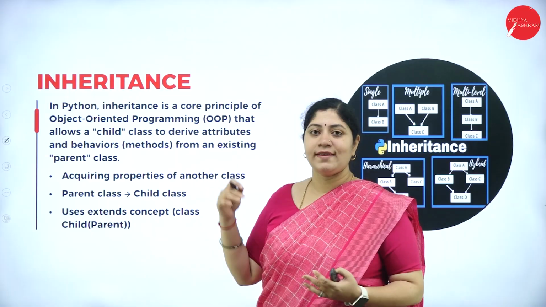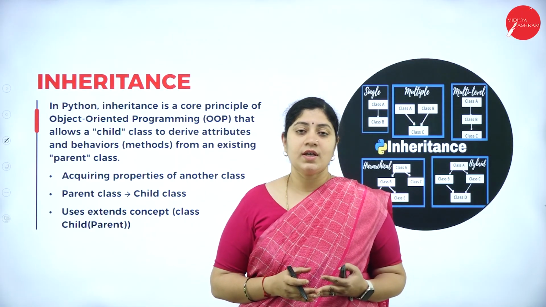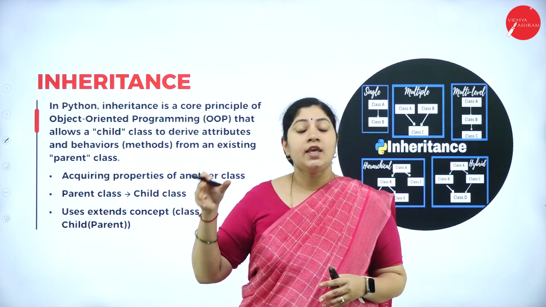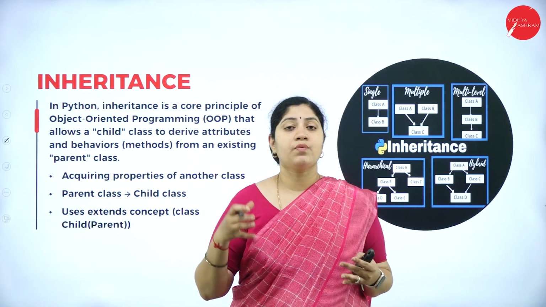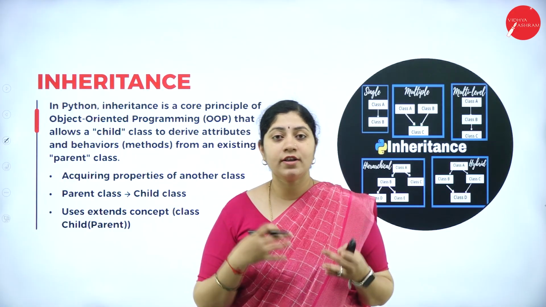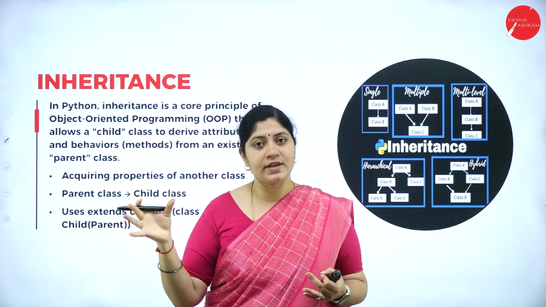Let's move forward with inheritance. Inheritance, as we know, is a basic principle of OOP concepts, right? So let's understand what inheritance is all about. Inheritance allows a child class to be created with various attributes as well as behaviors which are derived from the base class, or we can also call it the parent class.